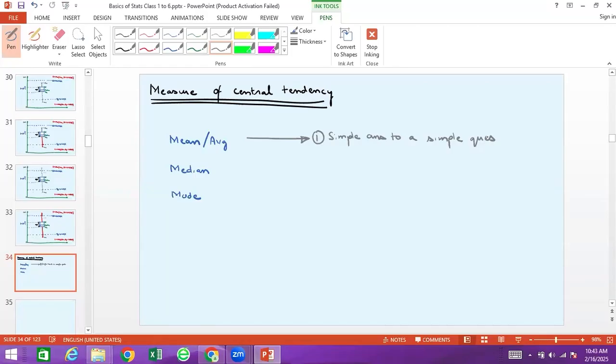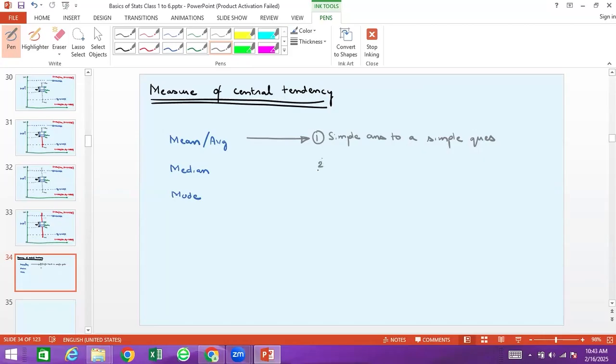On an average, this is how much we are spending on marketing. On an average, this is how much the humans wait, right? This is on an average the wait time. On an average, this is the rating of my restaurant. Okay, a simple answer to a simple question, you can use averages.